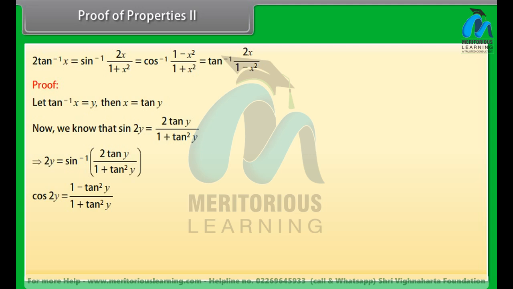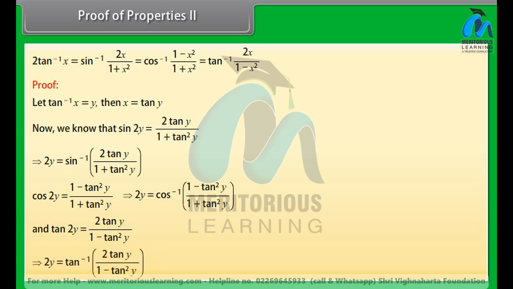Cos 2y is equal to 1 minus tan square y by 1 plus tan square y. It implies that 2y is equal to cos inverse 1 minus tan square y by 1 plus tan square y. And tan 2y is equal to 2 tan y by 1 minus tan square y.